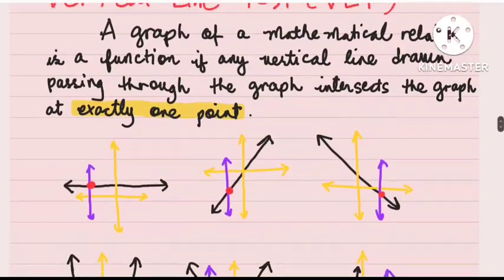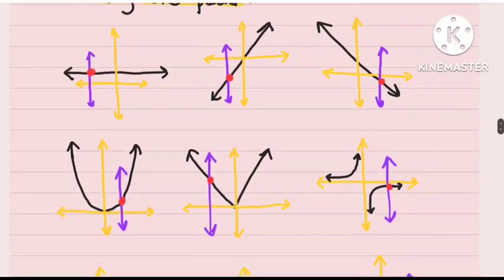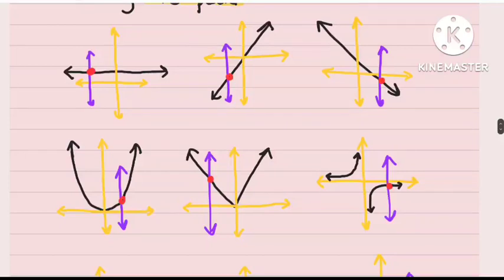So, as you can see here, those graphs I've shown you earlier are functions. For example, this constant function here, the black horizontal line. If I draw a vertical line that passes through this horizontal line, they will intersect at this red point.